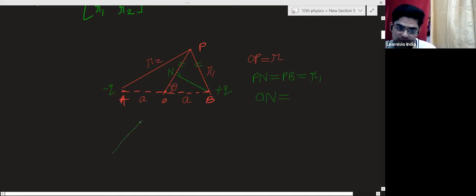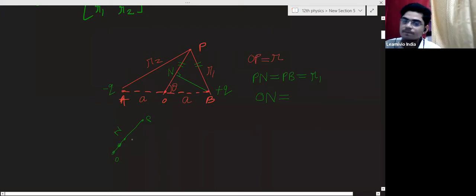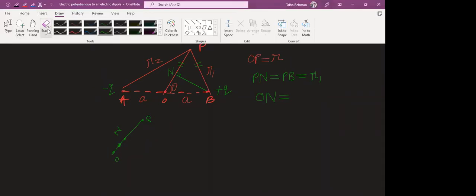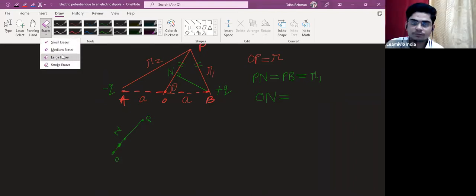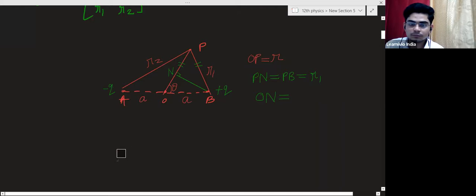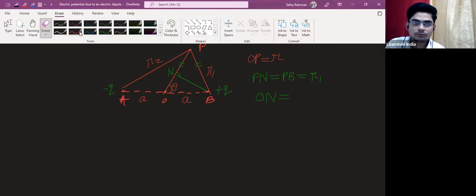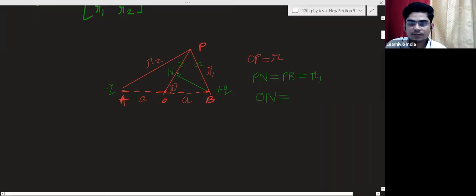This is point O, this is point P, and this is point N. If we want to calculate this distance, then we subtract this line from the whole line OP, and we get this distance. Have you understood? Yes, sir. Fine. So ON can be written as OP minus PN.